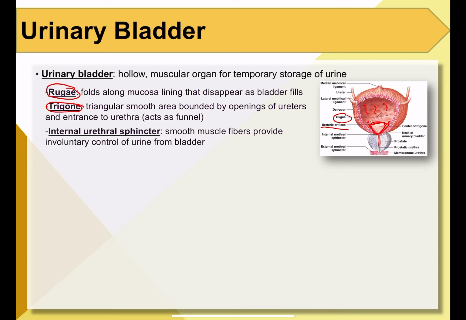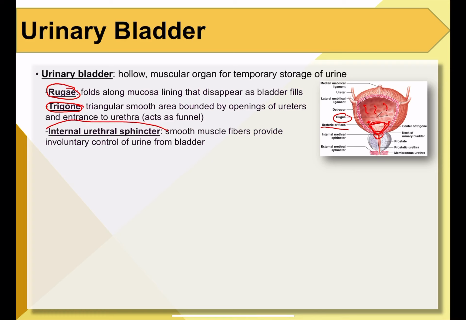So you have your internal urethral sphincter and then the two ureteric orifices. Those three points form this triangular funnel shape at the bottom of the bladder called trigone that allows urine to drain into the urethra. That's why it's in that smooth triangular shape, like a funnel.